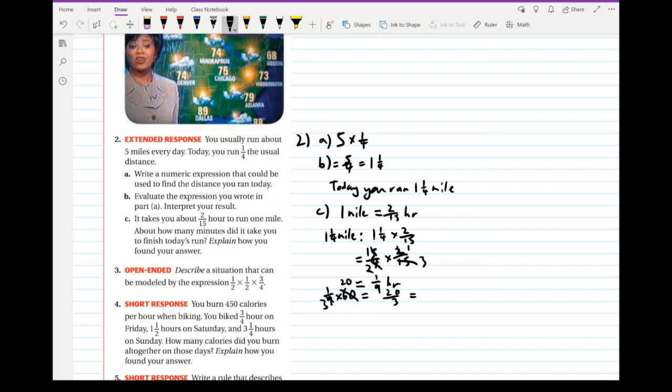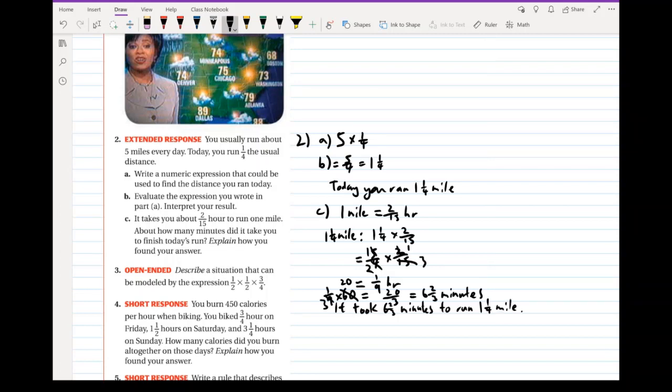And there's 2 remainder. So that's going to be 6 2/3 minutes. And so let's answer the question in full. It took 6 2/3 minutes to run 1 1/4 mile.